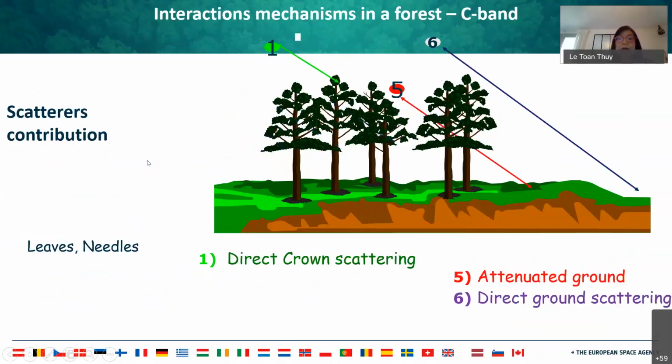I show this here: for C-band, you see just the attenuated crown, the direct crown scattering, and the direct soil, and the leaf, needle and small twigs. So saturation is quite fast.